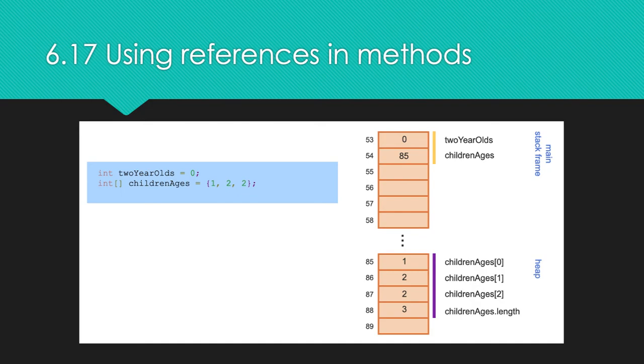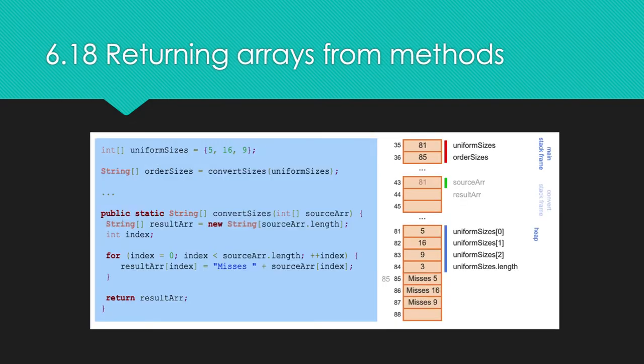And lastly, 6.18, returning array from method. It's quite complicated if you see. Basically, an array can be constructed within the method. If an array needs to be used after the method returns, the array reference can be returned. When an array reference is returned from the method, nothing else can be returned because the method can return at most one item.